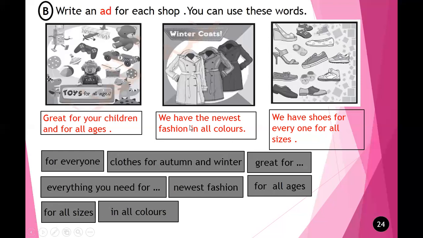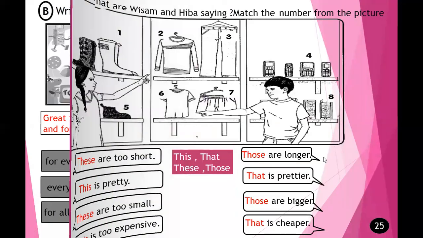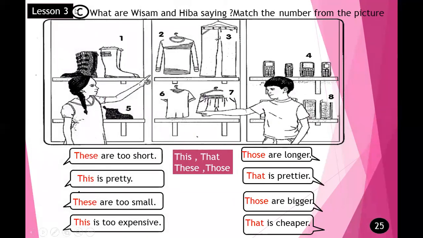So that was exercises A and B: how to write an ad or advertisement or advert for a shop in a mall. Now activity C, or exercise C, on page 25. What are Wissam and Hiba saying?